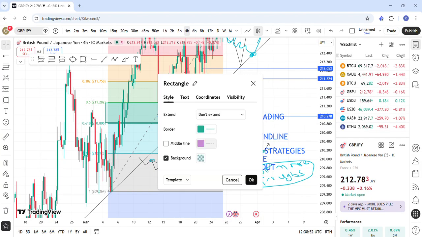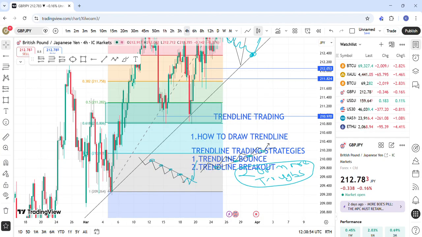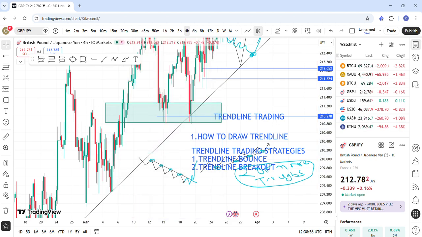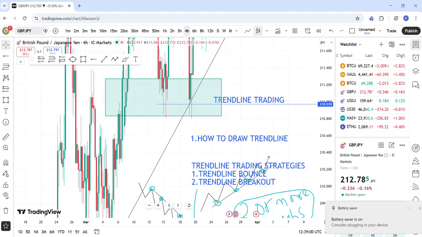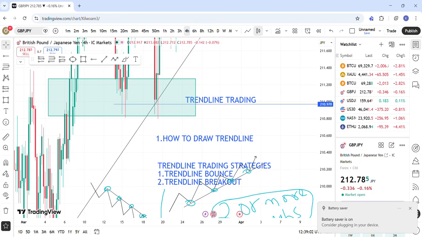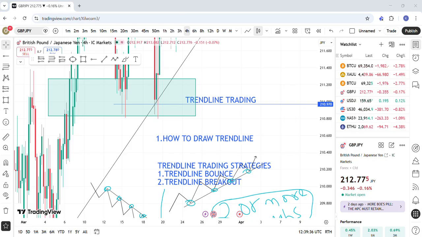That was where price reacted from before it pushed up. You get me? So you can see price came back to exactly that zone and before it pushed up.